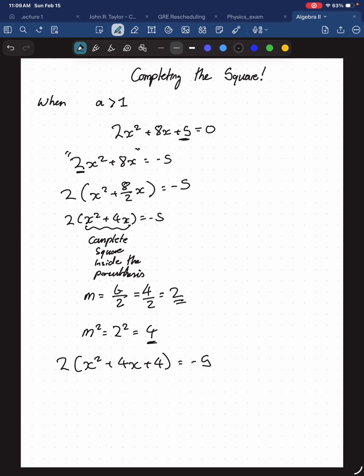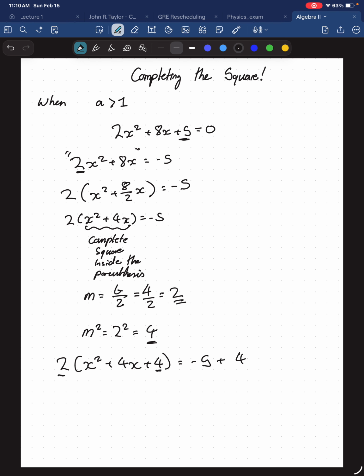And then something interesting happens outside on the right-hand side. I can't just add 4 here, because if I do that, I'm not adding the same amount I'm adding on the other side, right? So I added 4 on the inside of the parentheses. But really, this evaluates to 2 times 4.